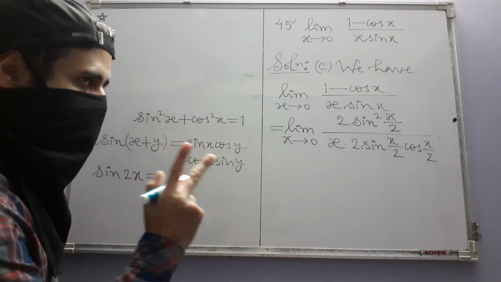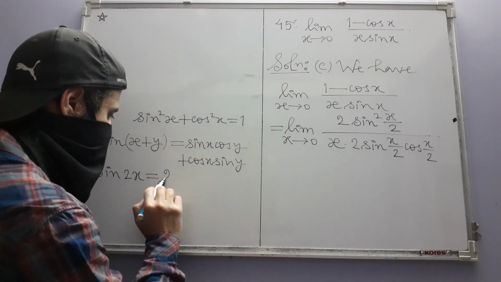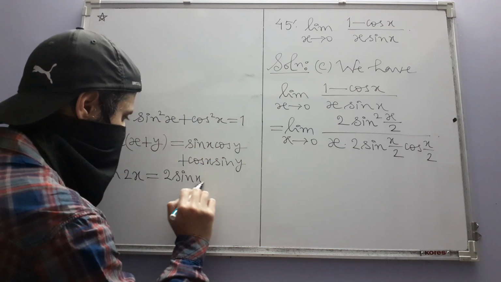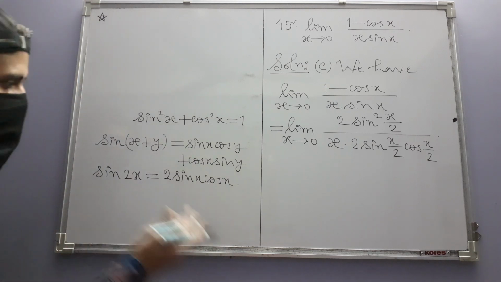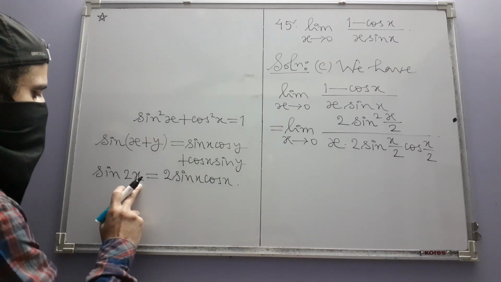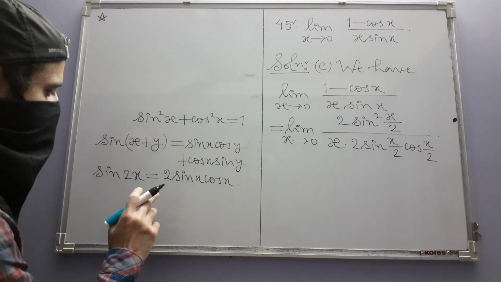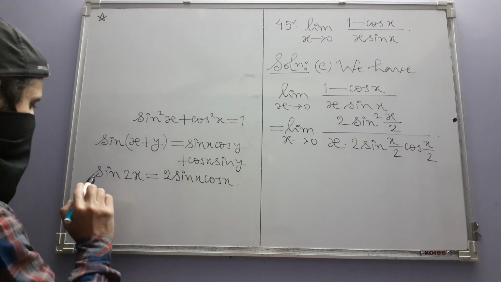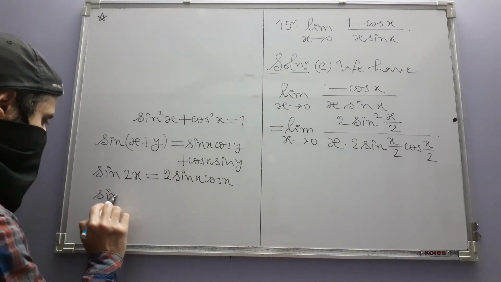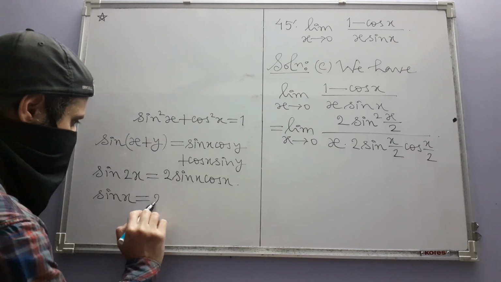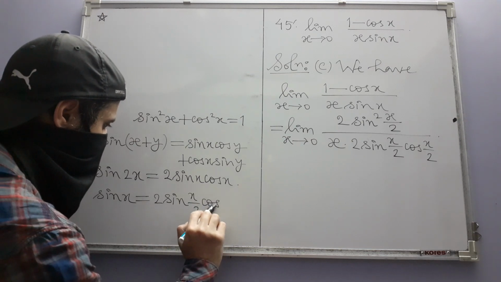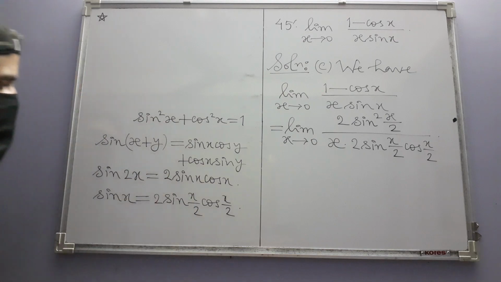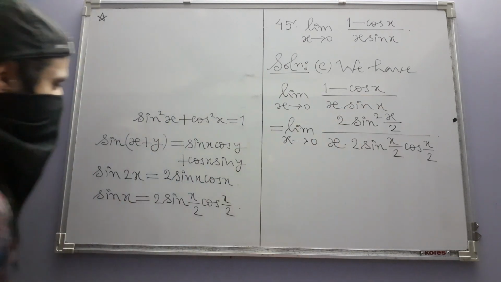That means 2 sin x cos x. Now, because x is an arbitrary real number, you can replace x with x over 2, and that gives you this. So that's why we have this.